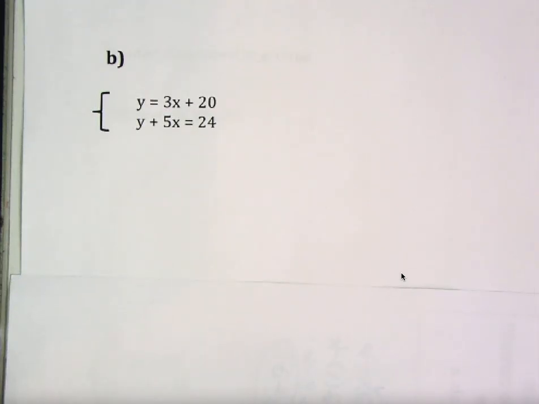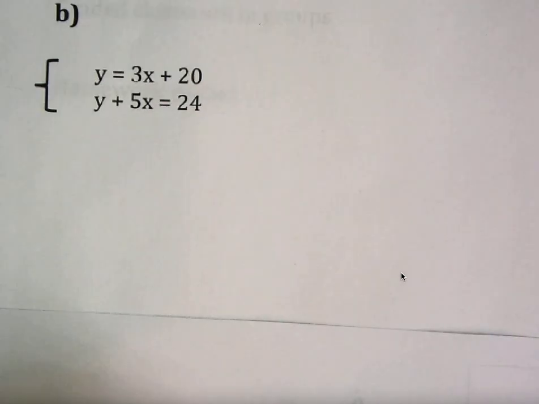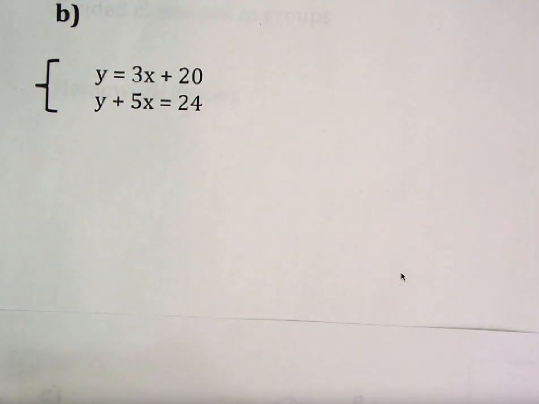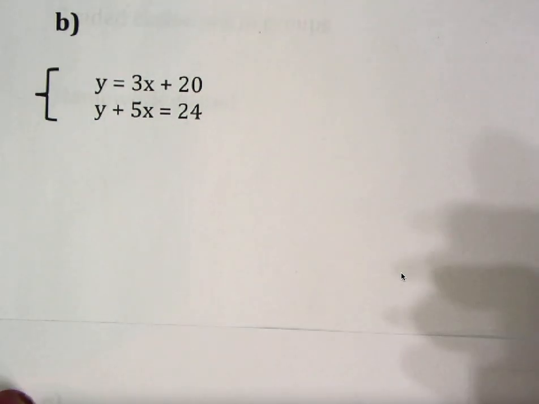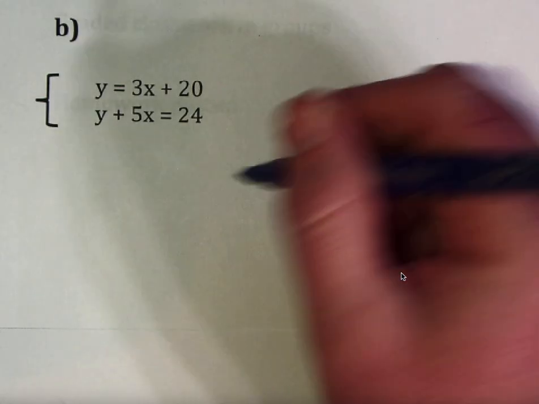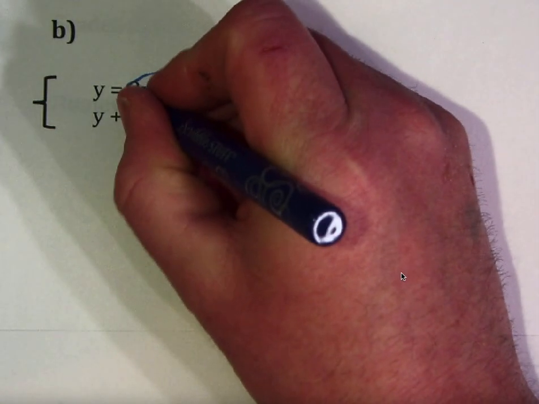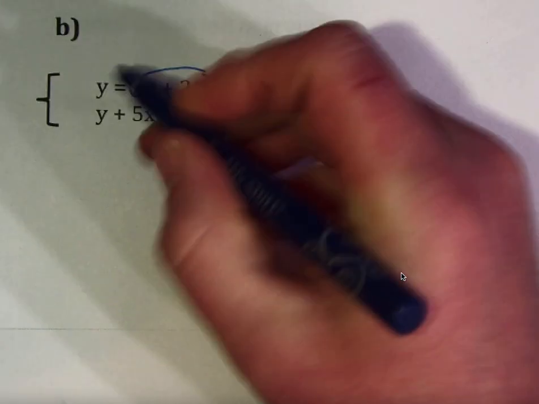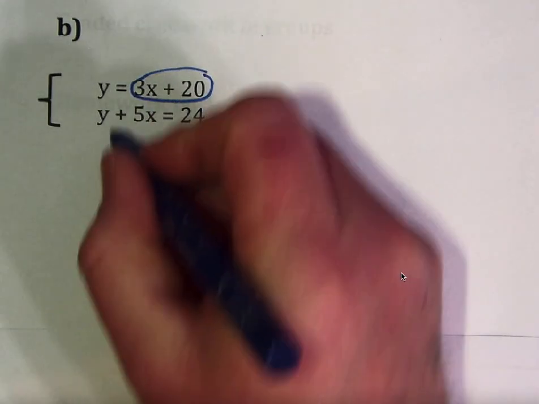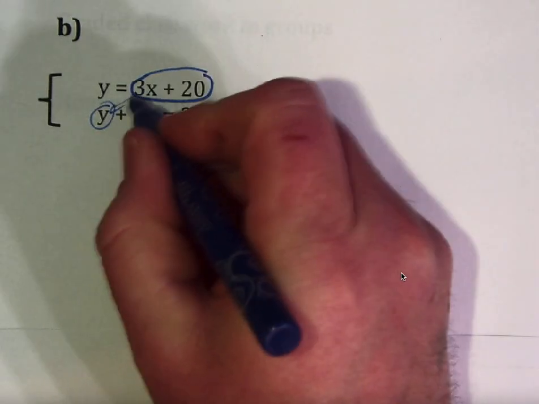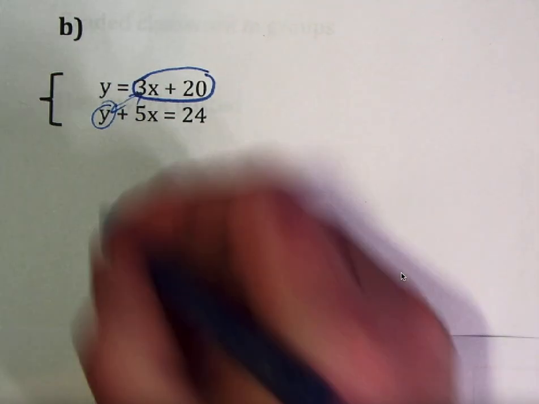Here, write down B. See if you can use this new substitution, right? But you know substitution, so maybe it's not that new. I'm going to keep going for time-wise, but pause me if you want. Okay, I read the equations. Well, this one says y equals, so I'm going to circle this piece. I see y in the other equation, so these can be substituted in and out for.